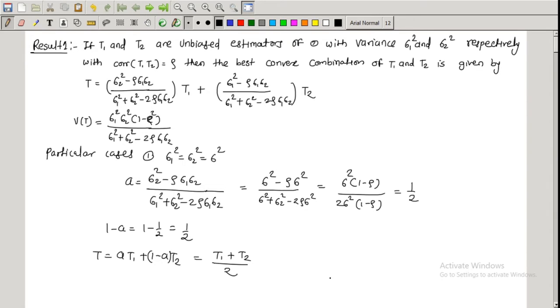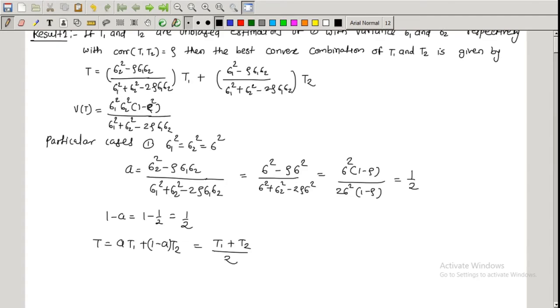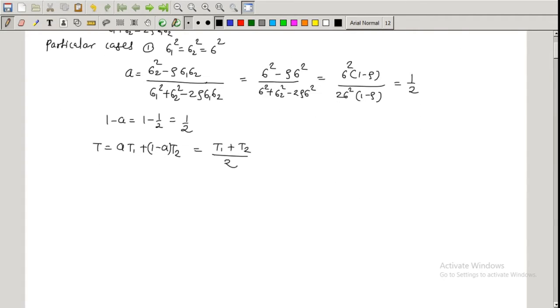Second condition, case 2: sigma 1 square is greater than sigma 2 square.